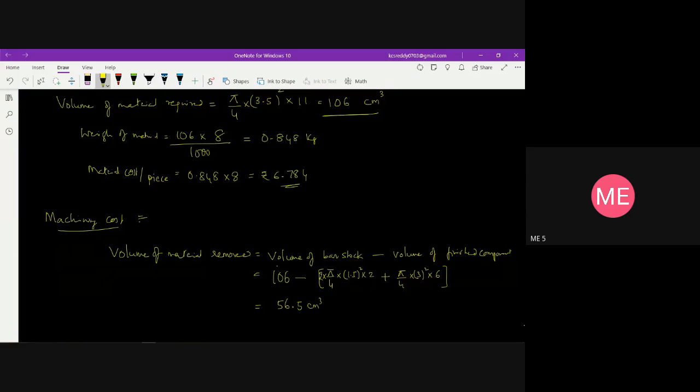So now, he has given that machining cost is given, right?